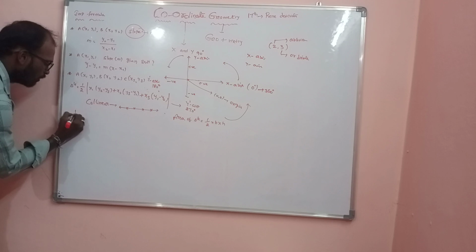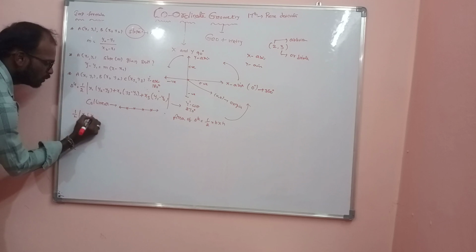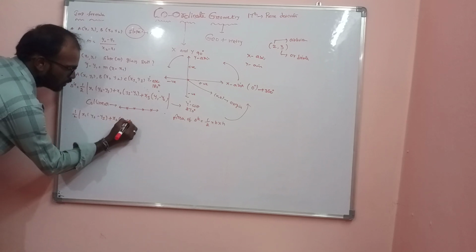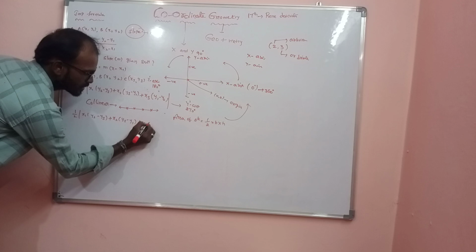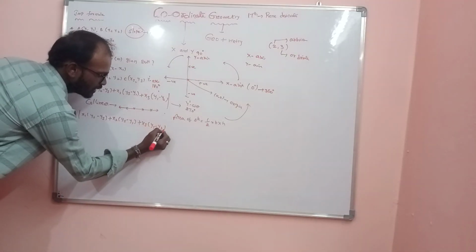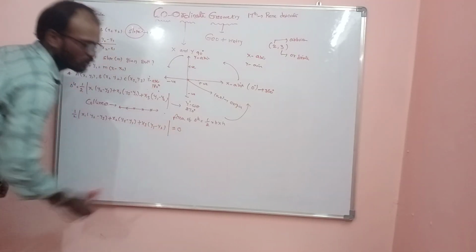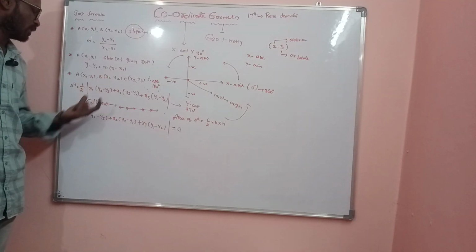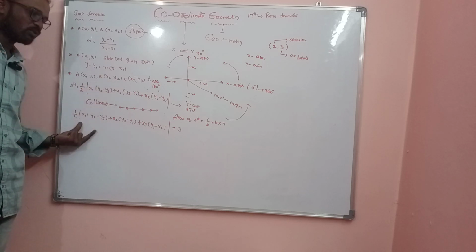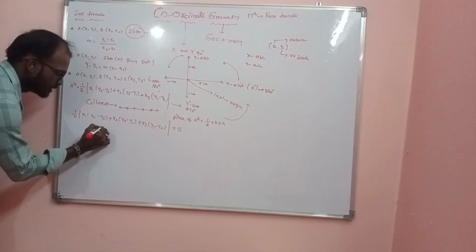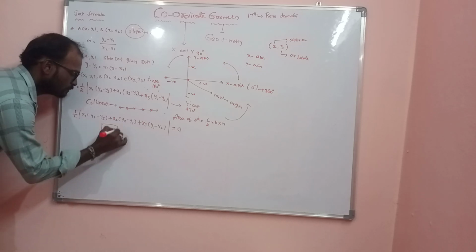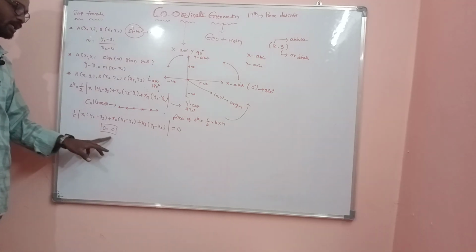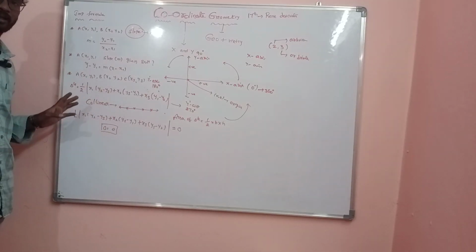That means 1/2 |x1(y2 - y3) + x2(y3 - y1) + x3(y1 - y2)| = 0. Substitute the given values of A, B, C in this formula. If the result is 0, that means 0 is equal to 0, the points are collinear.